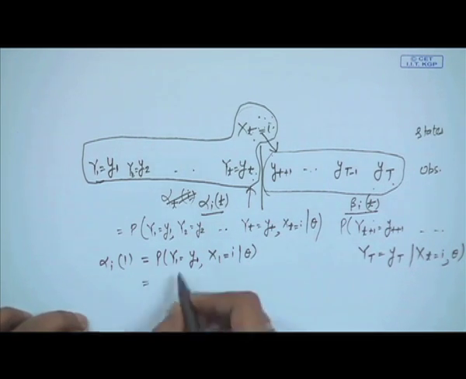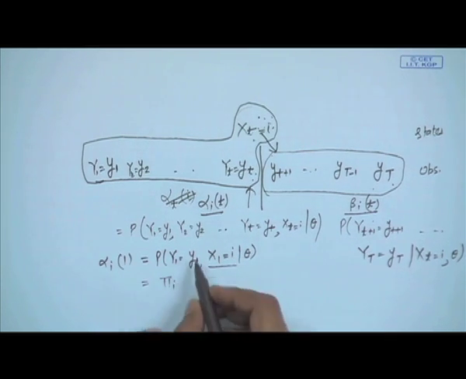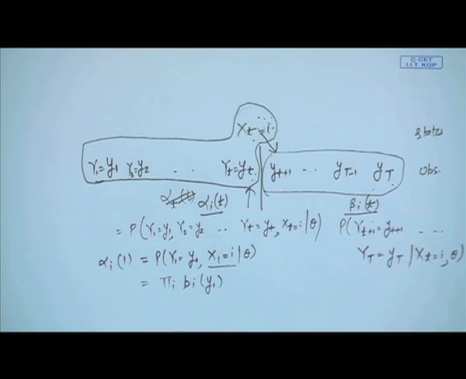That is pi I. And this probability would be the emission from the ith state, so this will be bi y1. This is how I will compute the initial one, alpha I1, for all possible states I.